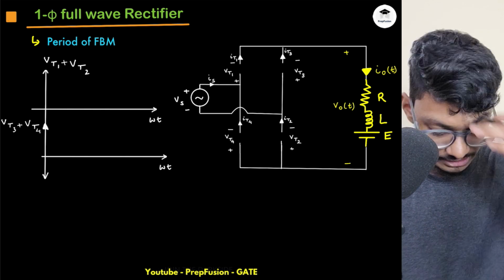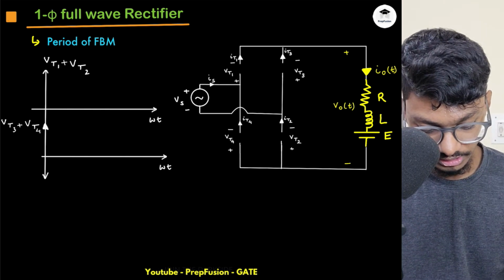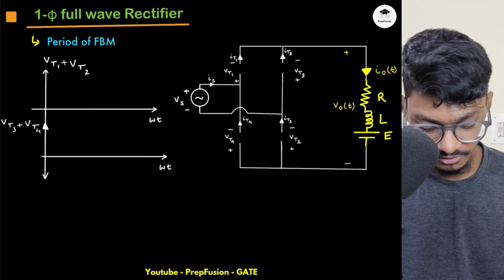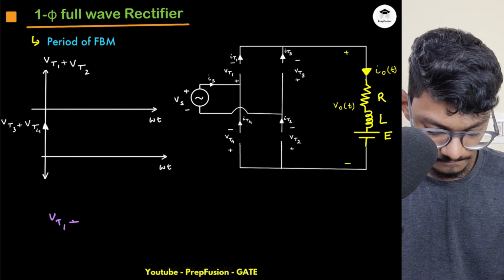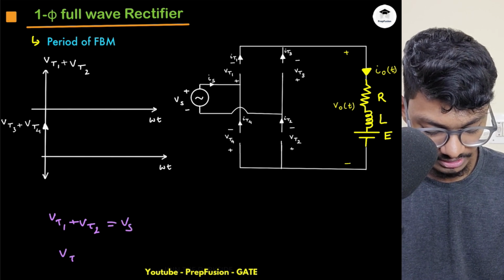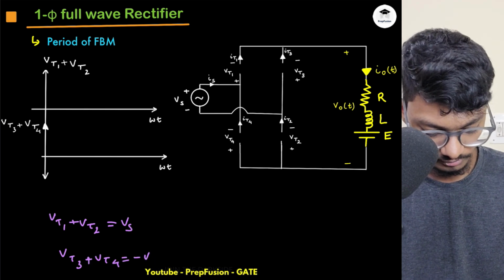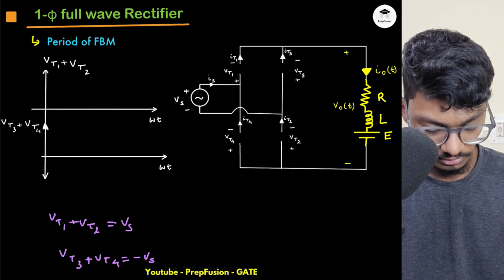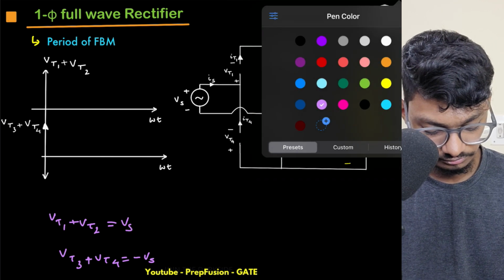So again the same thing: when all of them are off, my VT1 plus VT2 will be simply equal to Vs, and my VT3 plus VT4 will be simply equal to minus of Vs.